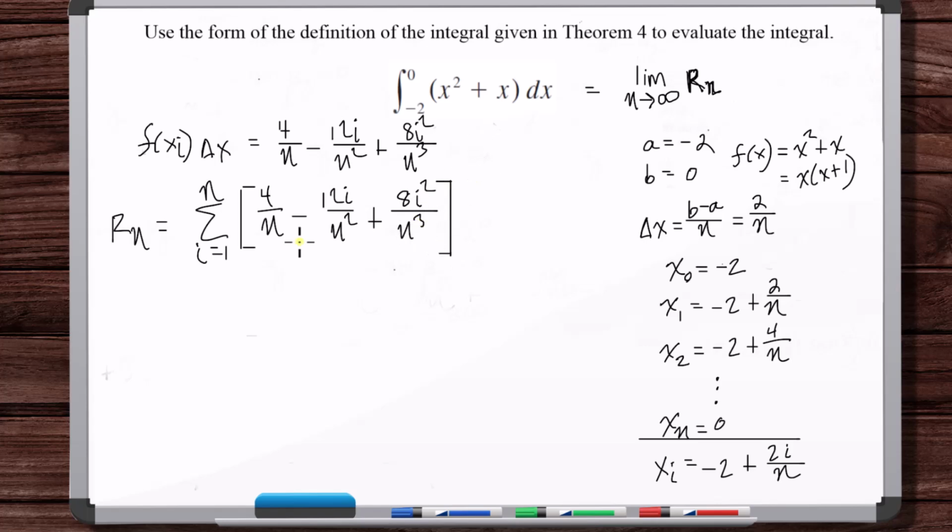Okay, so now this is the step where the summation properties come into play. You need to use summation properties to solve this. The first thing we can do is separate this into separate sums.